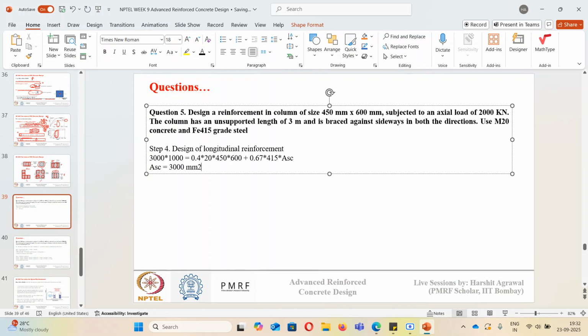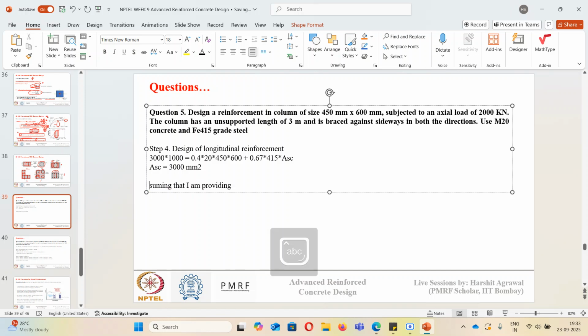Okay, so assuming that I am providing 20 mm diameter rebars, how will we get the number of reinforcement bars?